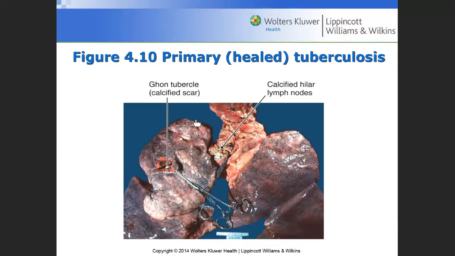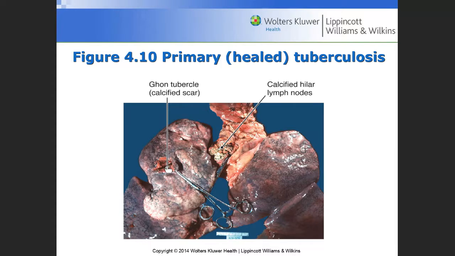Oftentimes the superior lobe tends to be more infected, and that is because, if you look at the lungs, the right lung has three lobes: superior, middle, inferior. But it's the superior lobe that gets a lot of oxygen. That's where you get a lot of infection, typically in the superior lobe.